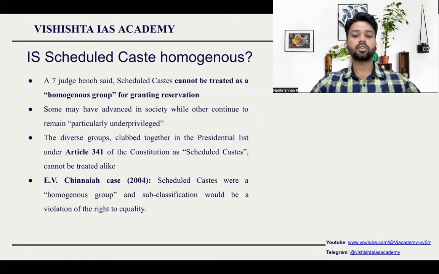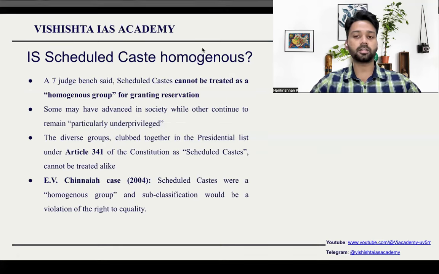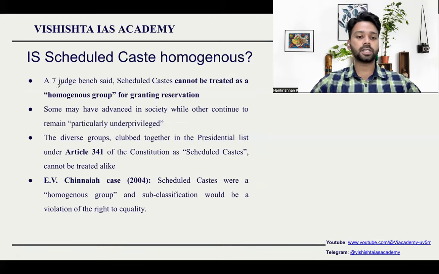Is scheduled caste a homogeneous group? This particular question was answered by the Supreme Court again in the recent ongoing hearing. A seven-judge bench has been hearing this case about subcategorization of scheduled caste.